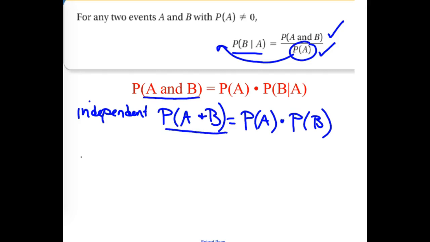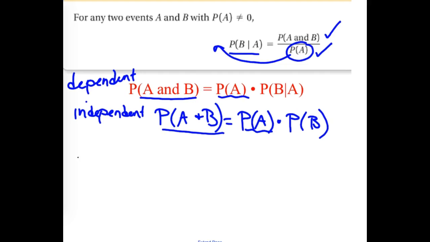This one is not divided by A, it's given A. This is for dependent events. So it's very similar. We're multiplying the two probabilities together. It's just that if they're independent, our probability of B has no effect from A having happened. But if they are dependent events, my probability of B is going to be a little different.